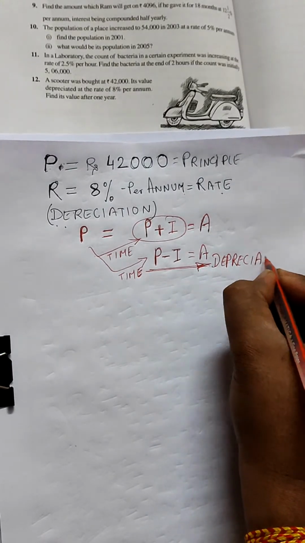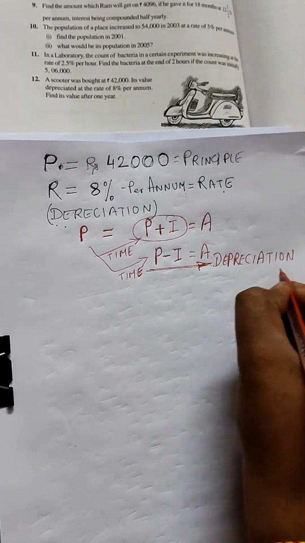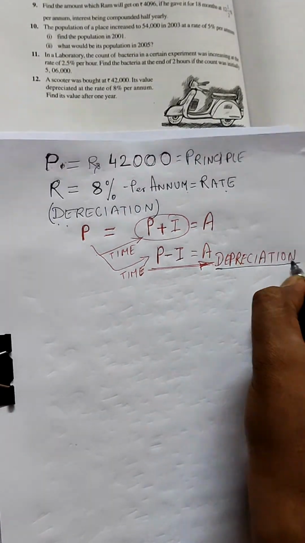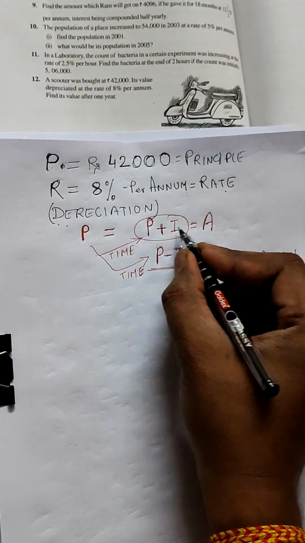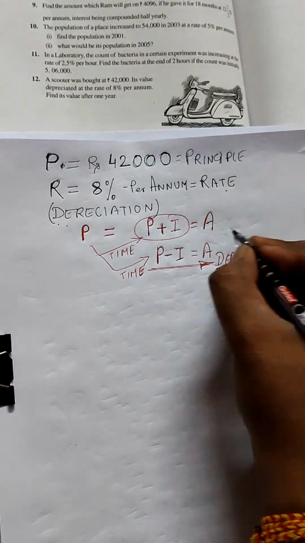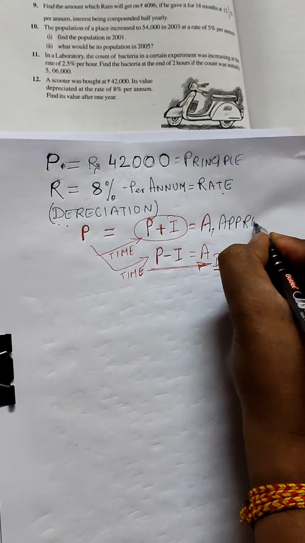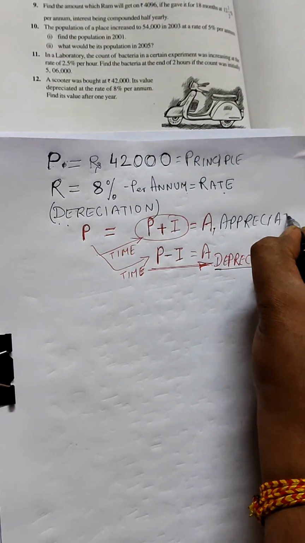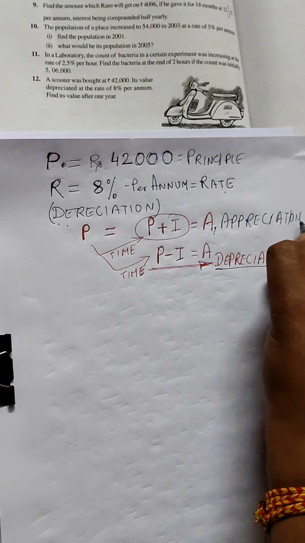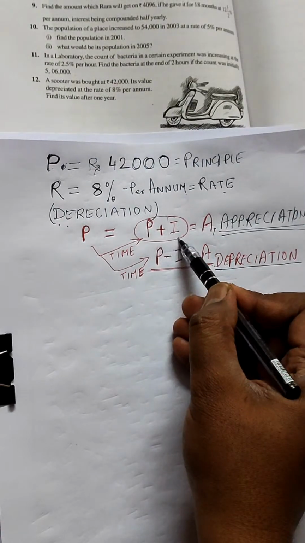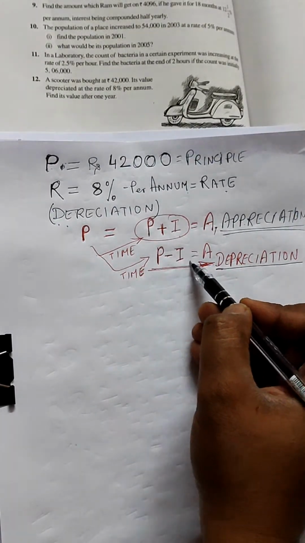This is depreciation, and the initial case P plus I is appreciation. Appreciation means you are getting something additional after your principal. So P plus I is appreciation, and P minus I is depreciation.